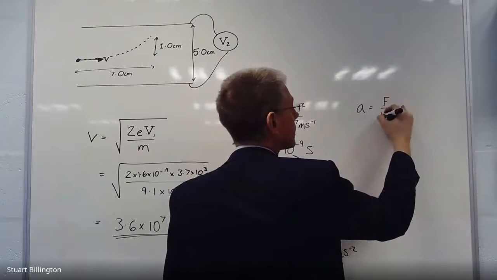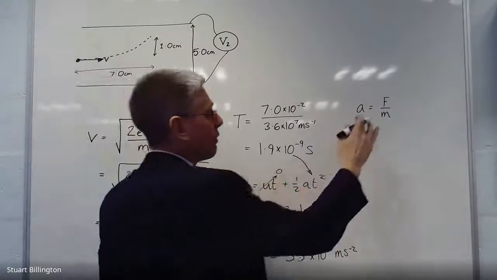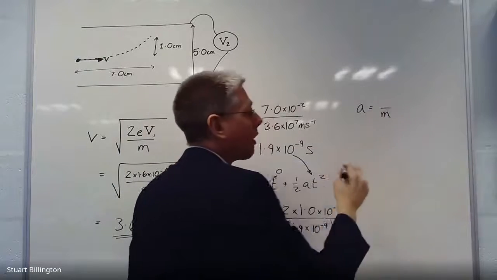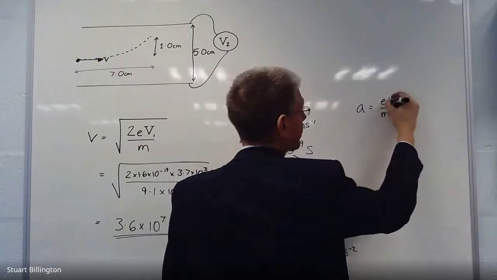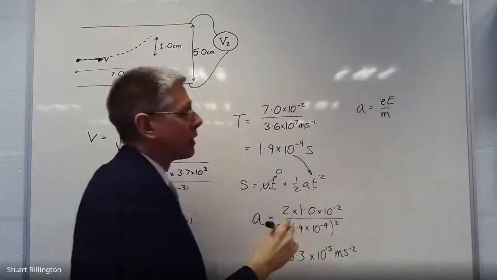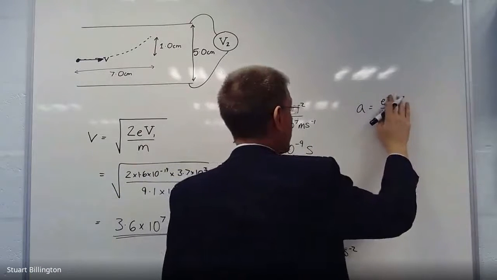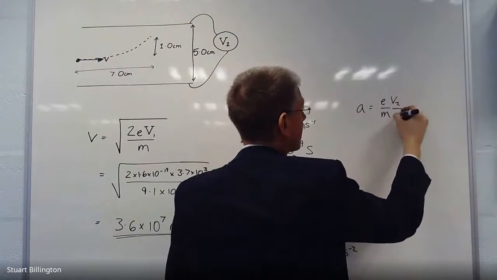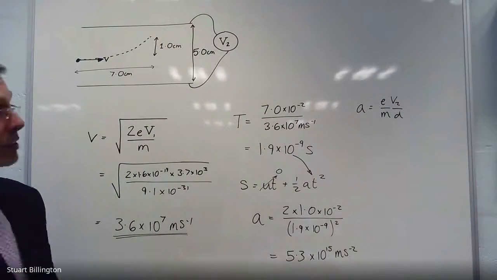And now we just need to remember that our acceleration is the force divided by the mass, F equals ma. And the force is equal to the charge times the electric field strength, and the electric field strength is equal to V over d. And it's V that we're trying to get hold of in this equation.